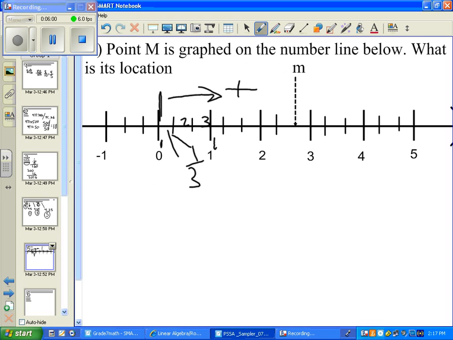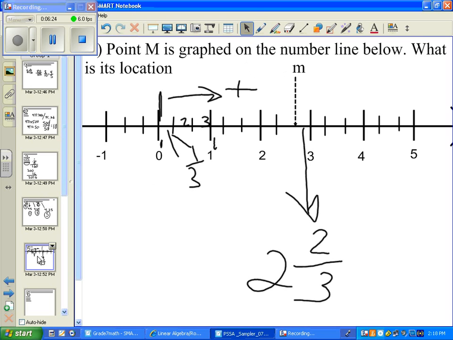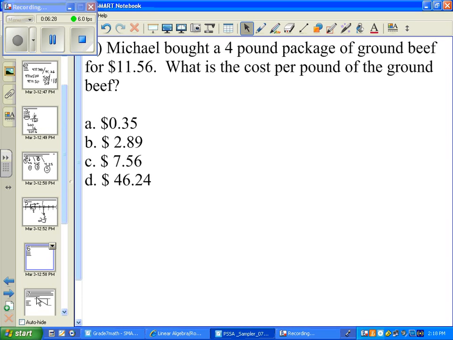All of these, 0 to 1 is divided into 3s. 1 to 2 is divided into 3s, and 2 to 3 is divided into 3s. And if we look here, we can see that M is at the 2/3 mark, and it is at 2 and 2/3. That's your right answer. 2 and 2/3 on this one.